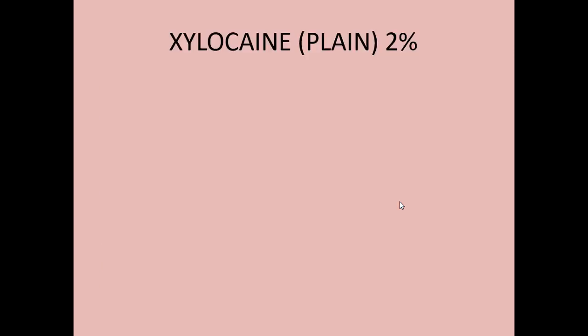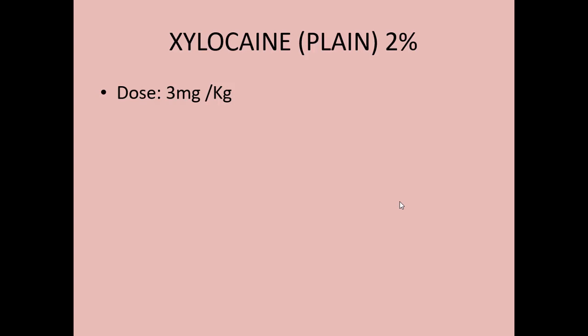Okay, so here we will take the example of xylocaine plain 2% for the dose calculation. As we know, the dose is 3 mg per kg. I have taken this dose limit from your book, because if we check different books, there is a range given of 3 to 5 mg per kg.